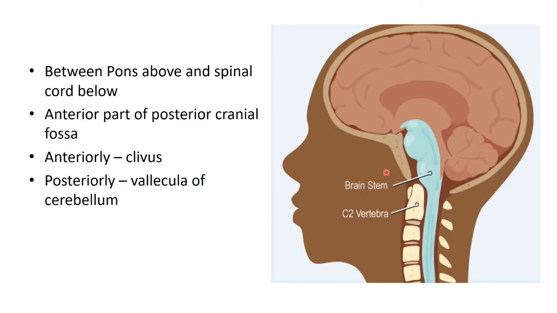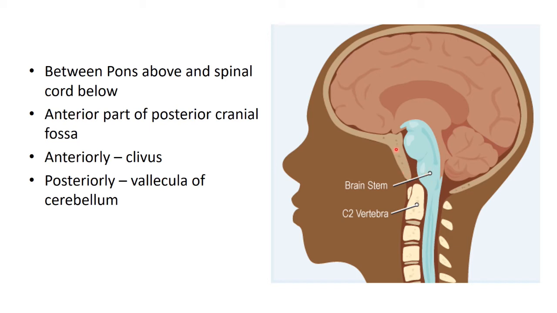Okay, coming back, let's see our medulla first. Medulla lies between the pons above and spinal cord below. It lies in the anterior part of posterior cranial fossa.